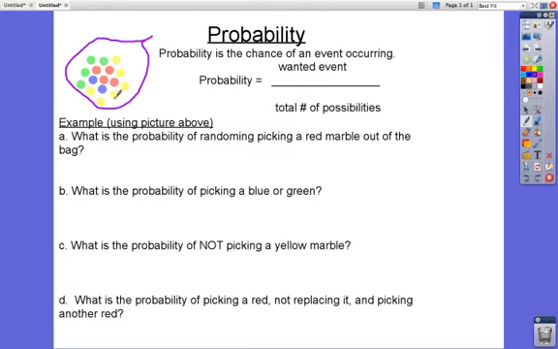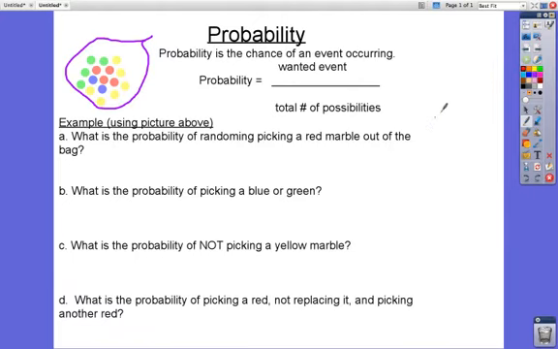So for example, say we have this bag of marbles here. We want to figure out what is the probability of randomly picking a red marble out of the bag. Well, first of all, you have to figure out how many red marbles there are in the bag. If we look here, we have 1, 2, 3, 4 marbles.